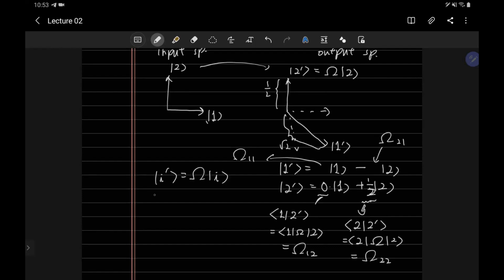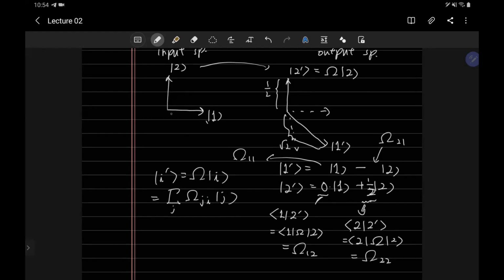And if I expand this new vector in terms of the original basis, the result will look like this. If you look at this relation, this i appears as the second subscript, and the first subscript is a dummy subscript, and we are summing over this dummy index.